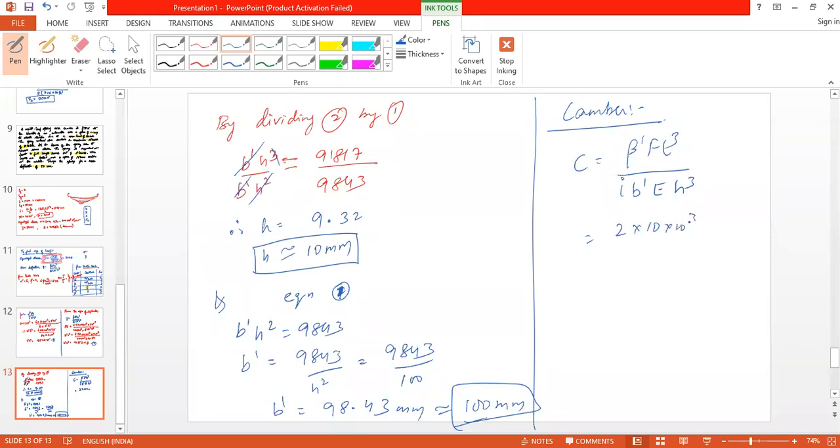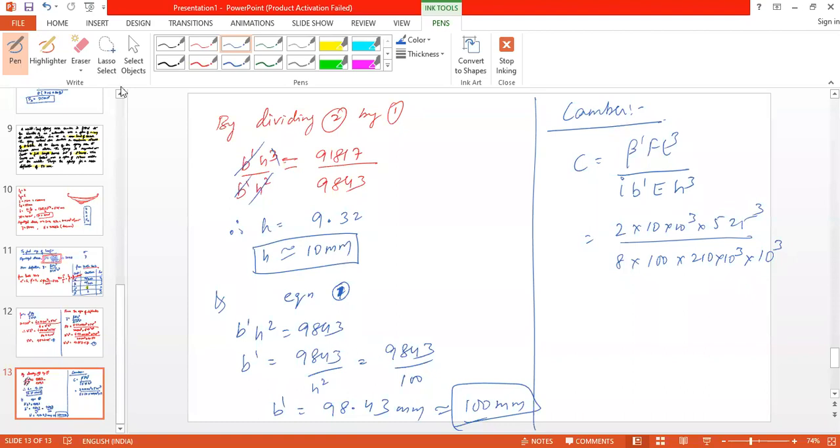2 into 10,000 into 525 to the power 3, 8 into 100, sir, 210 GPa into h cube. 9.32.